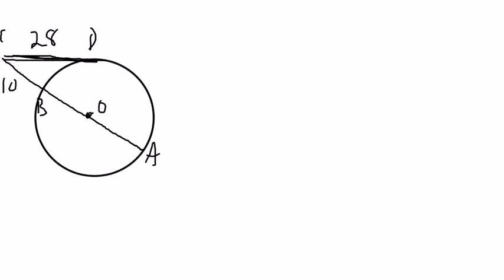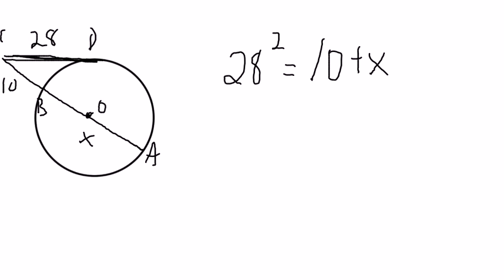So it's going to be 28 squared, remember, equals 10 times 10 plus some number, right? The diameter is what I want here. This segment here is the diameter. And I remember I multiply by the outside measurement, which is 10. Alright, now I could just solve it.